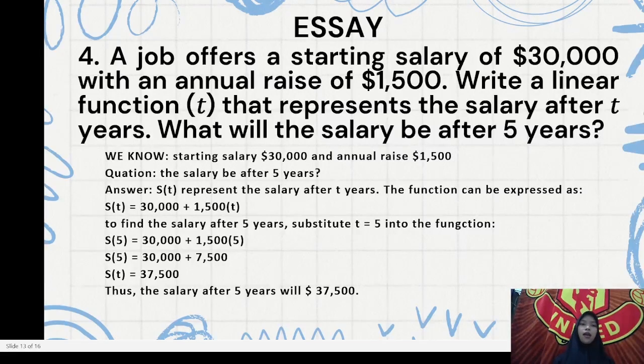Answer: S(t) represents the salary after t years. The function can be expressed as S(t) = 20,000 + 1,500 times t. To find the salary after 5 years, substitute t = 5 into the function.